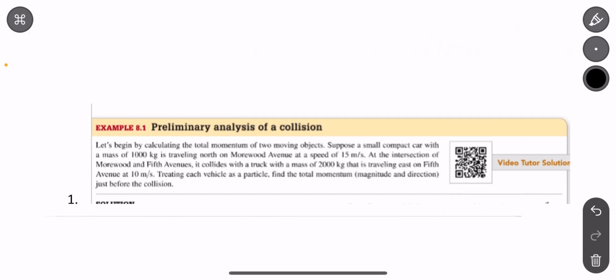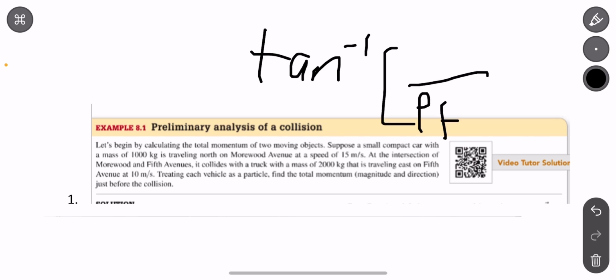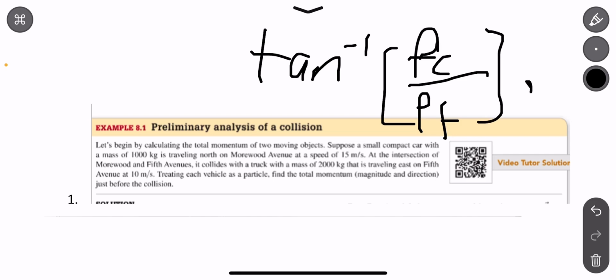And then we can figure out the angle by putting in the tan, the tan inverse of Py over Px, and it's going to be 36.87 degrees, which is about 30 degrees.